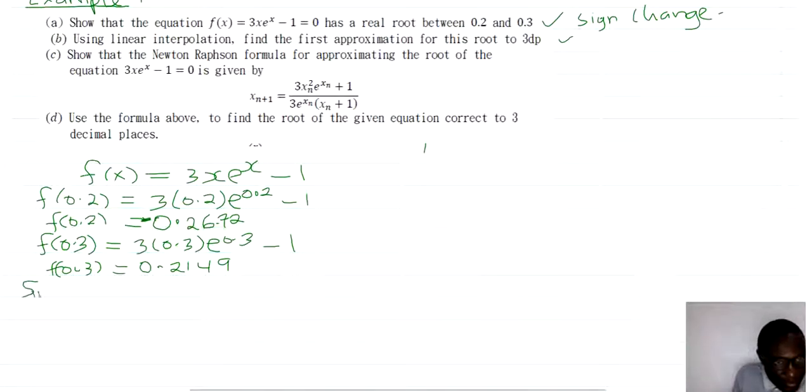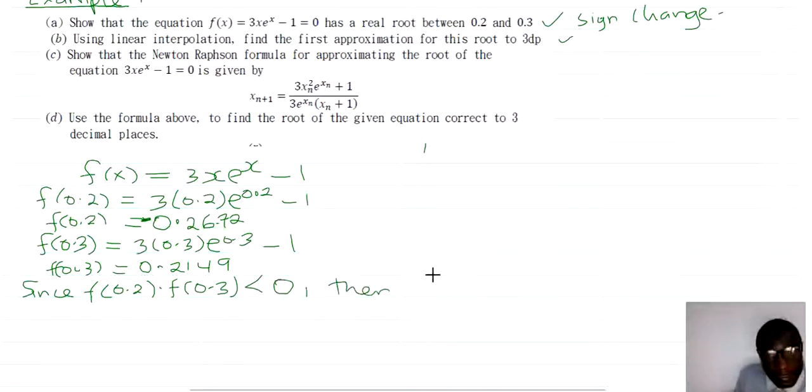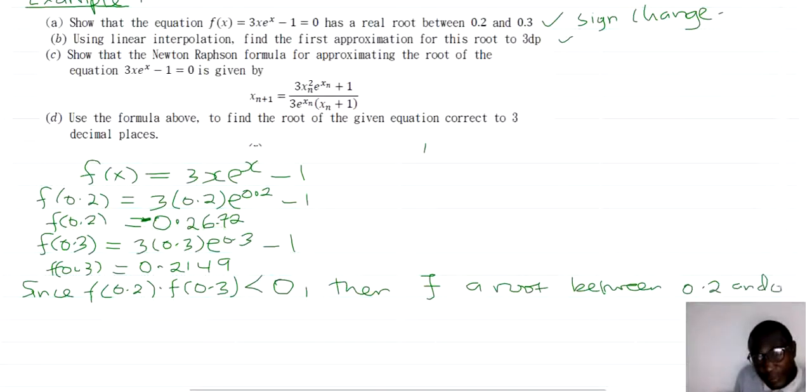So since f of 0.2 times f(0.3) is less than 0, then there exists a root between 0.2 and 0.3.